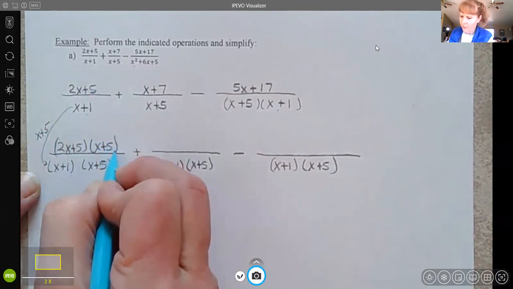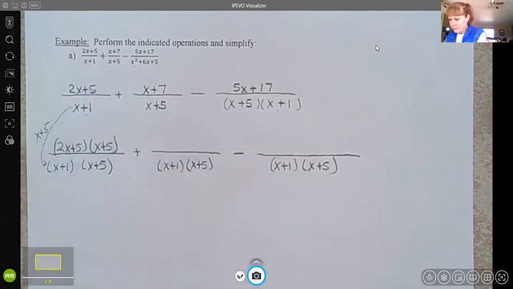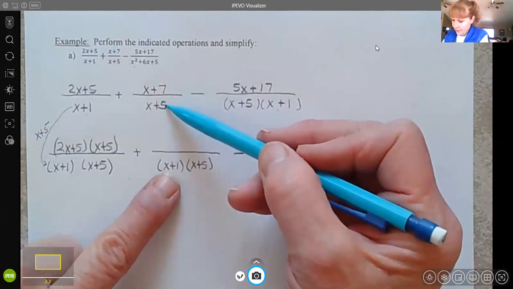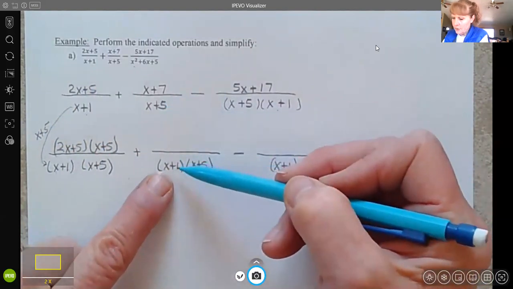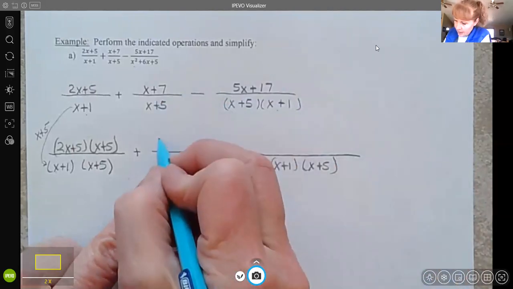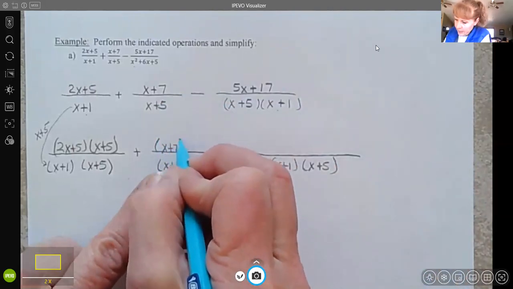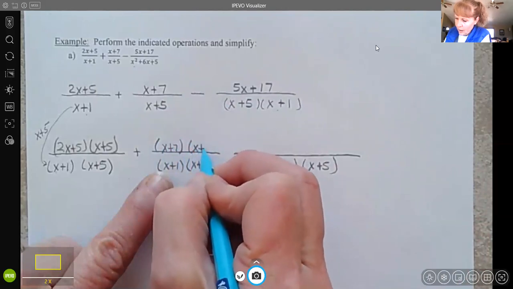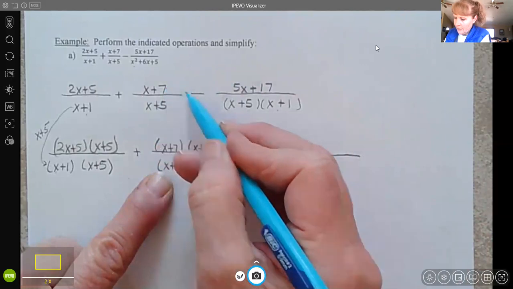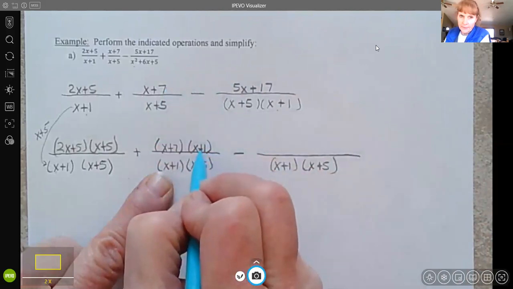Looks like we've got to do the FOIL method. Oh well. The next fraction. To go from x plus 5 to this one, I have to multiply by x plus 1. So I'm going to take x plus 7 times x plus 1. That's what I multiplied the denominator by. That's what I have to multiply the numerator by.